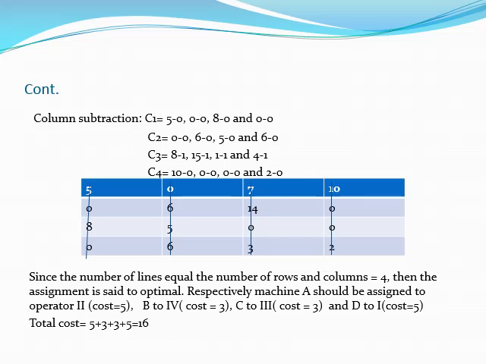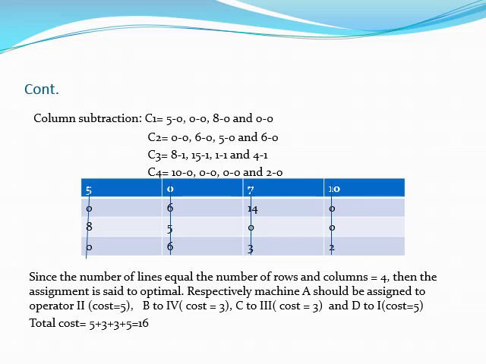Now the number of lines equals the number of columns equals the number of rows, equal to 4. Then the assignment is said to be optimal.